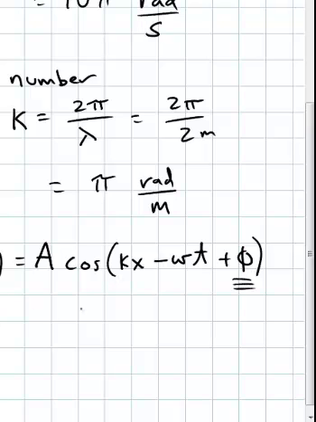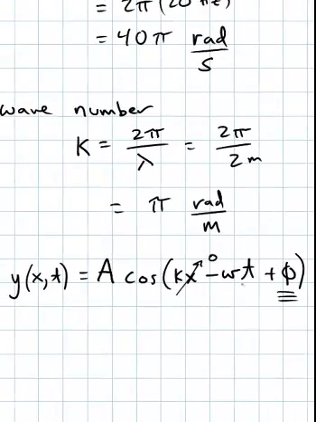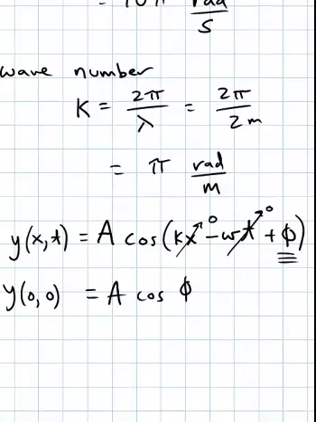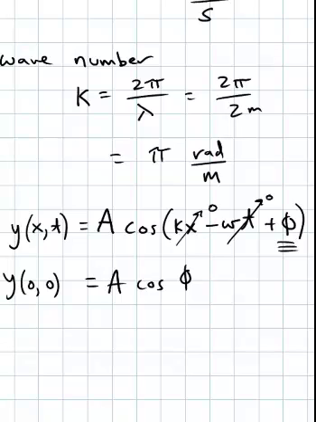If x is 0 and t is 0, then what we're left with, our initial condition, is the cosine of our phase angle. And so what is our initial condition? Is it at y equals 0 in our starting place? Is it at a maximum displacement? Where is it?